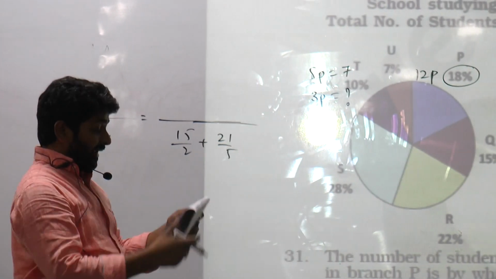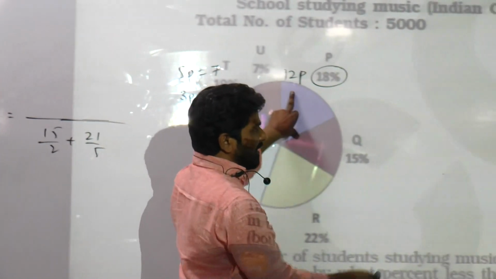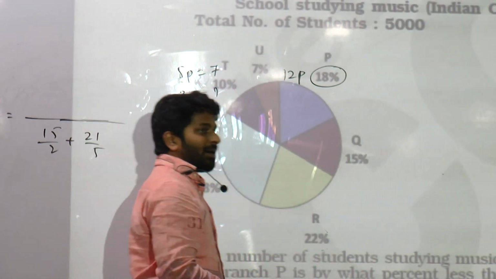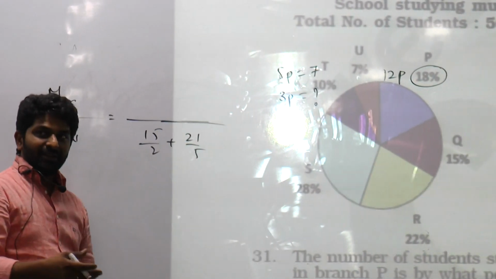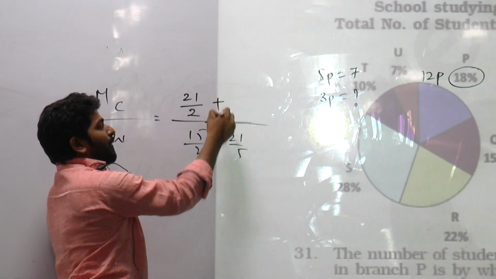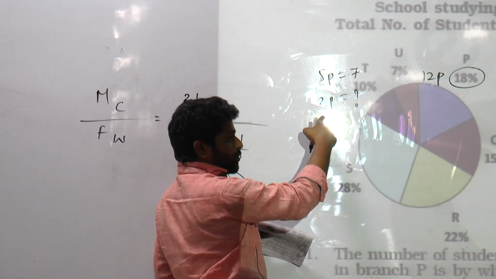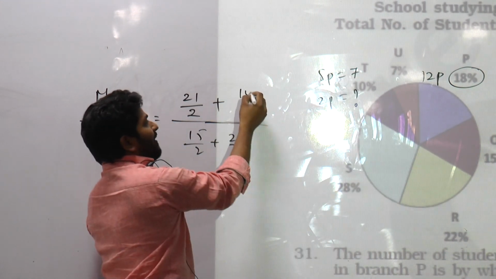About male, Indian classical. Indian classical from P, how many parts is that? 7 parts. 7 times 1.5 is 10.5. We'll write it as 21/2 plus, and here from U it is 2 parts. That will be 14/5.